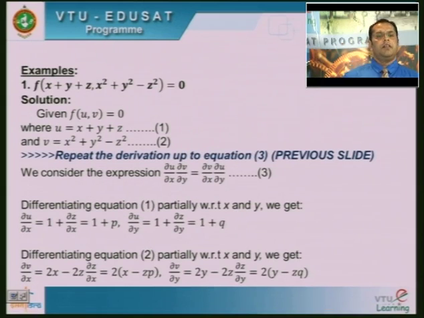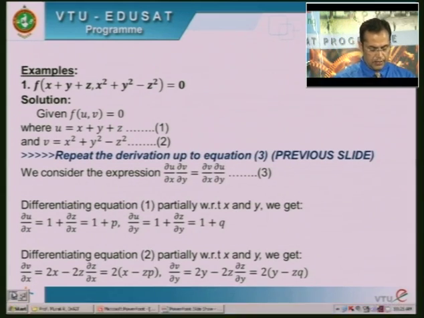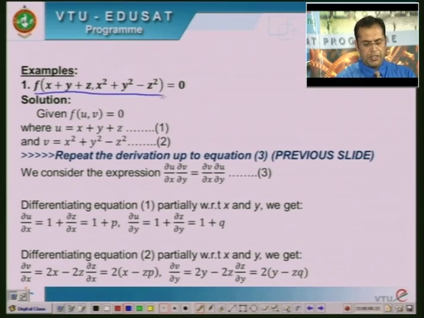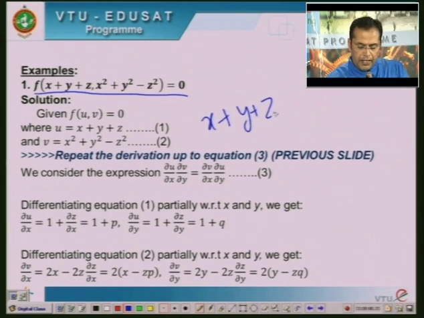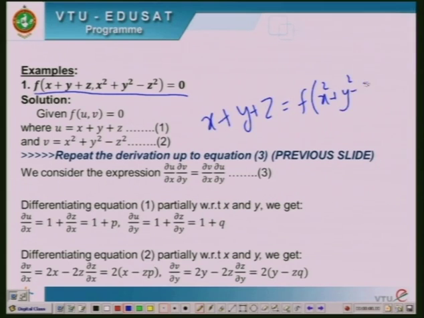Form the PDE by eliminating the arbitrary function f from the relation f of x plus y plus z, comma, x square plus y square minus z square equal to 0. Now, you can try, friends, to express the same example like this: take the first function on the left side, call that u, and write f of x square plus y square minus z square.